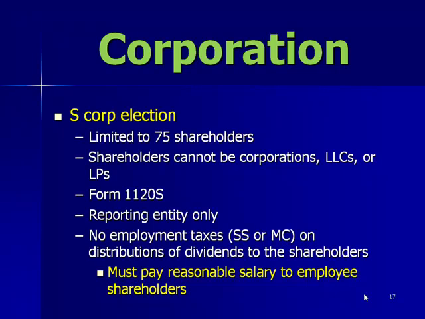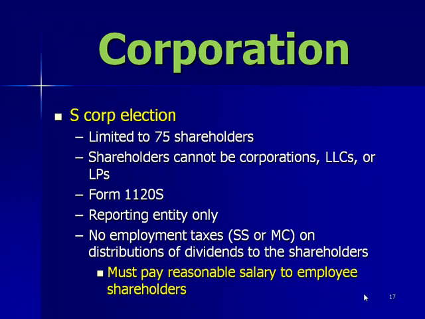Now, a big reason that a lot of people recommend and use an S corporation is that there won't be any employment taxes, Social Security or Medicare, on distributions of dividends to the shareholders. And that is a way to put money back in the hands of the shareholders and not have to pay Social Security and Medicare. But if those shareholders are employed by the corporation, then you have to pay those shareholders a reasonable salary.